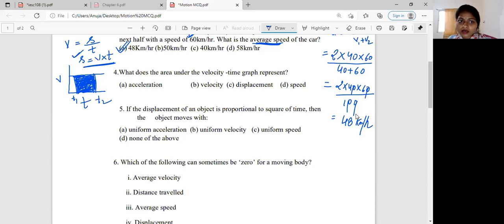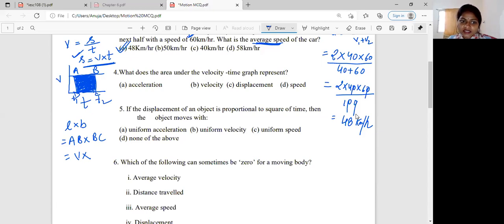We know the area of a rectangle is always length into breadth. If this rectangle is ABCD, the area of rectangle ABCD will be equal to AB into BC, length into breadth.